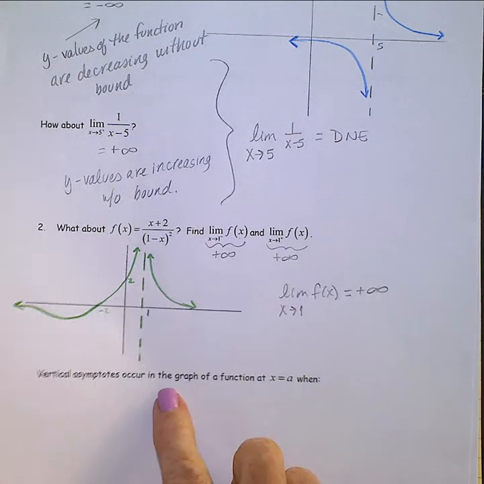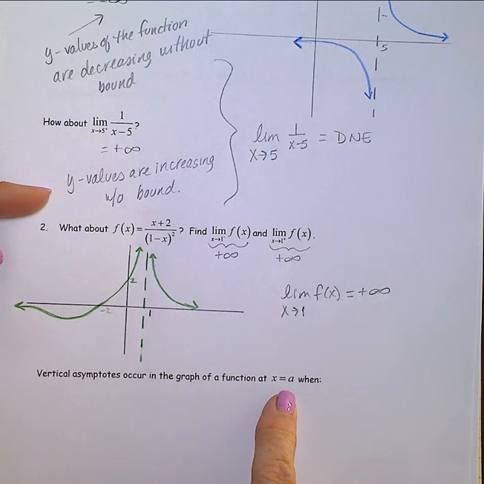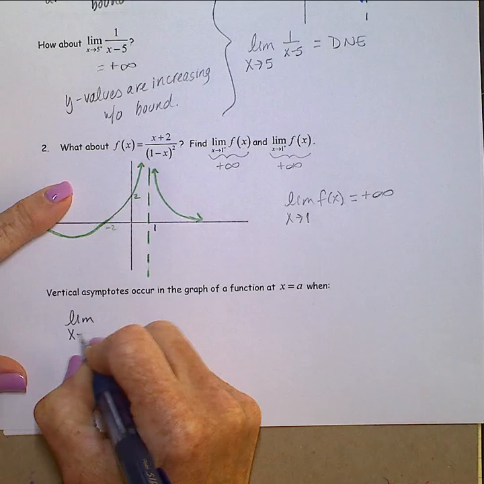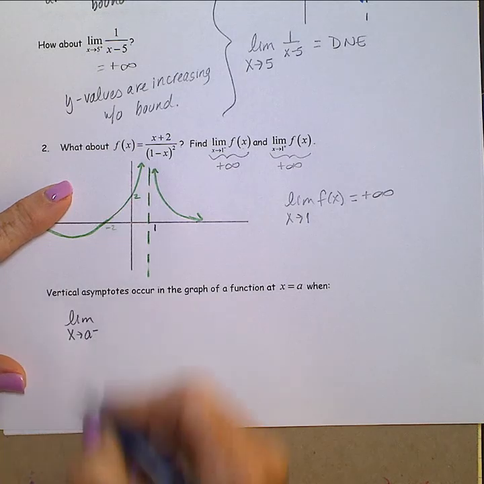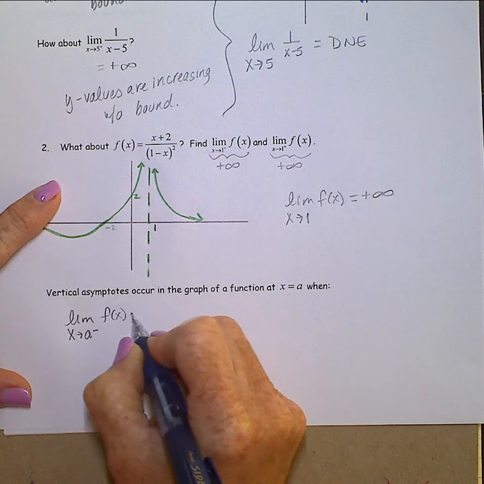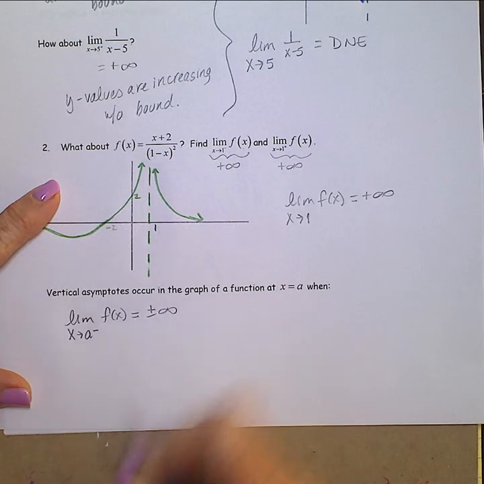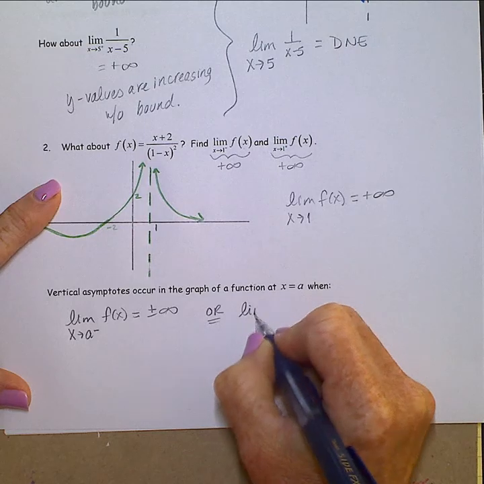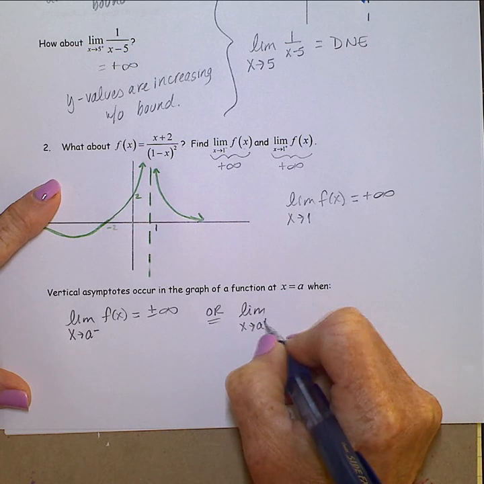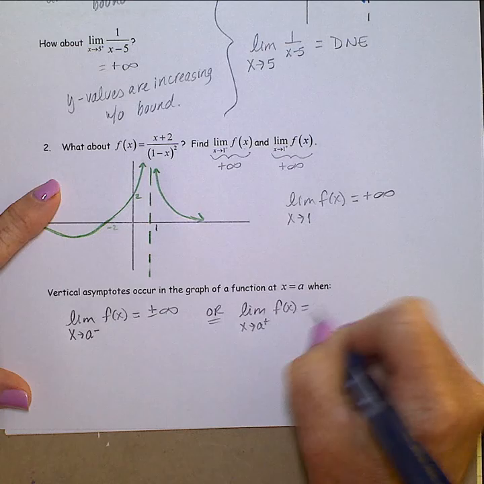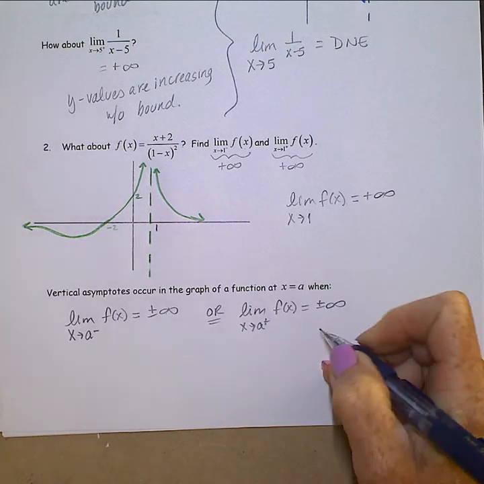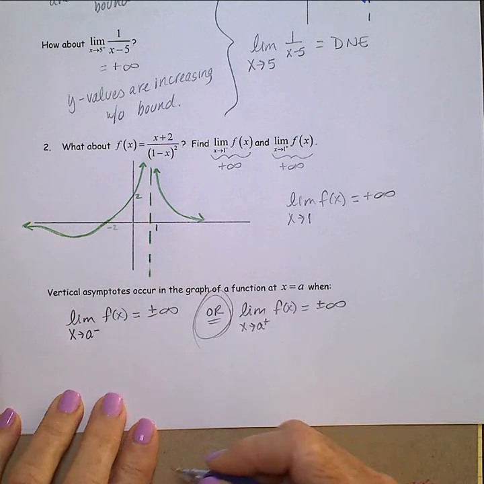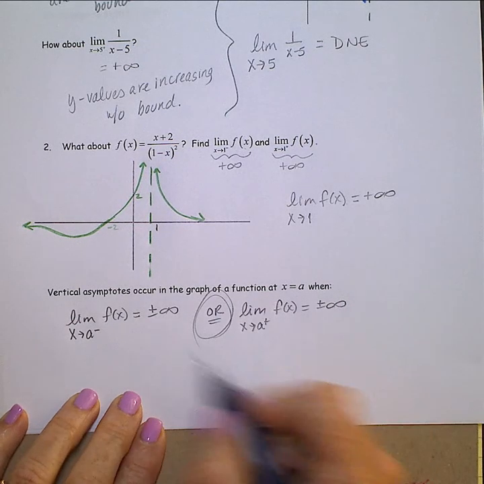Vertical asymptotes occur in the graph of a function at x equals a when the limit as x approaches a from the left of f of x equals positive or negative infinity, or the limit as x approaches a from the right side equals positive or negative infinity. This is an or situation. Both cases are not necessary.